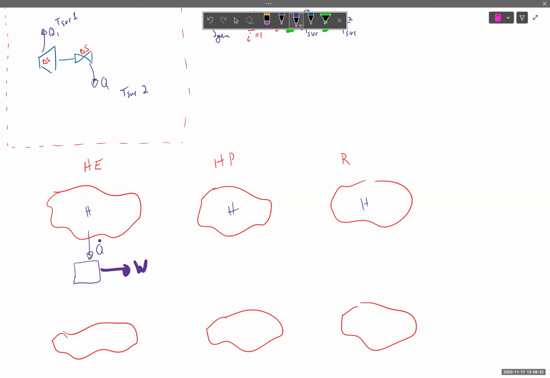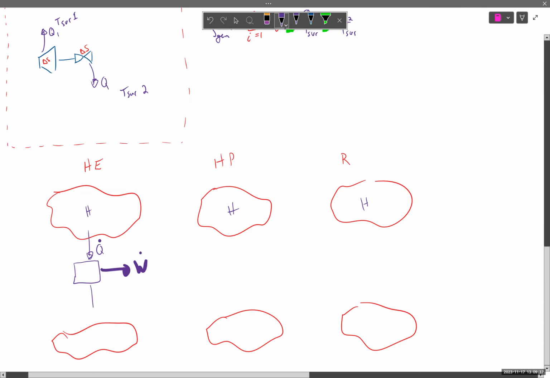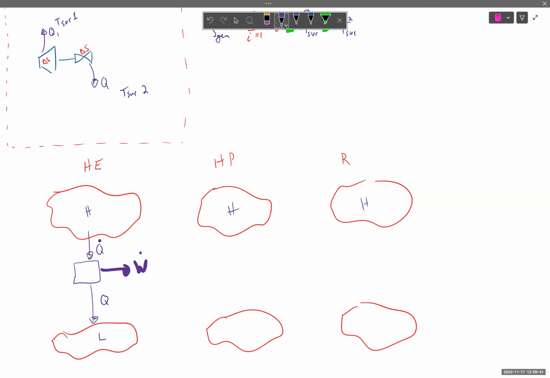We could also put dots above these things if you wanted to do that. And we dumped that into the low temperature reservoir, QL, QH. And the heat pump, like its name implies, if we want to reverse that, we need to put work in, QH, QL.